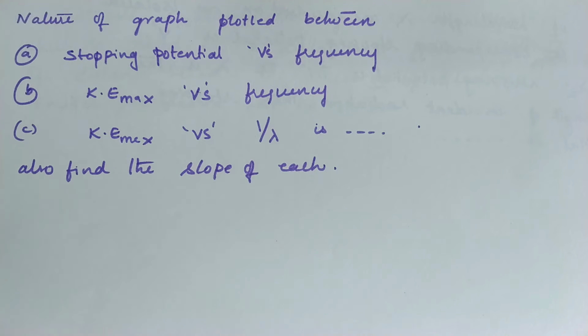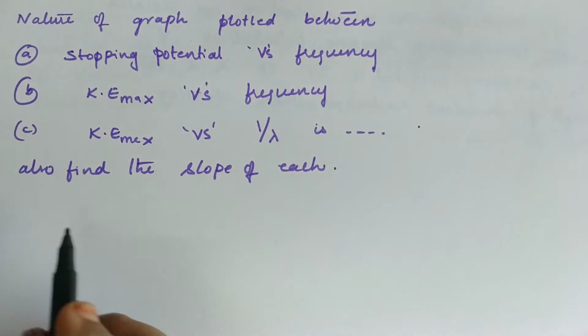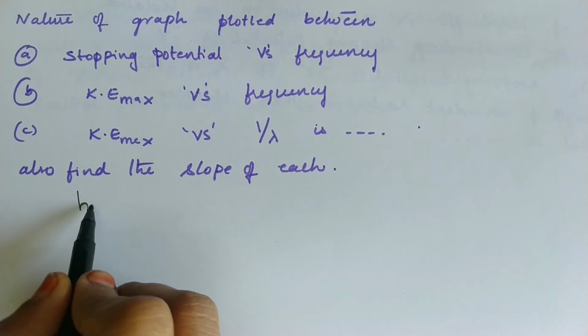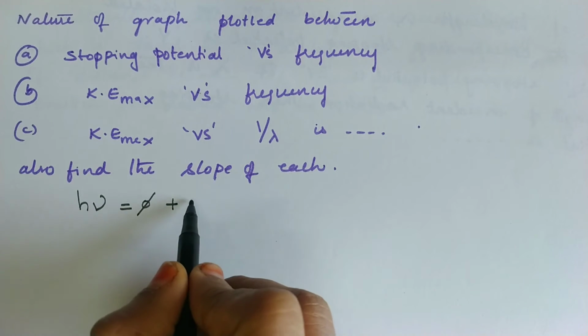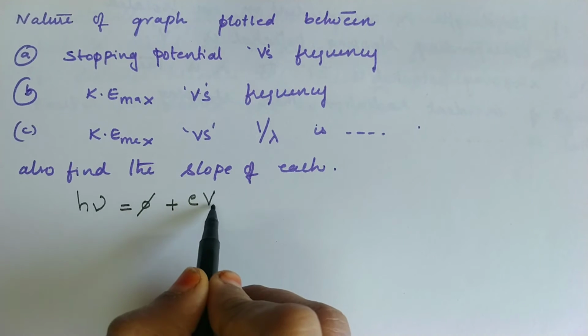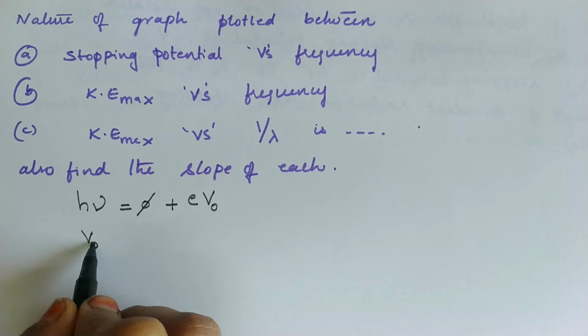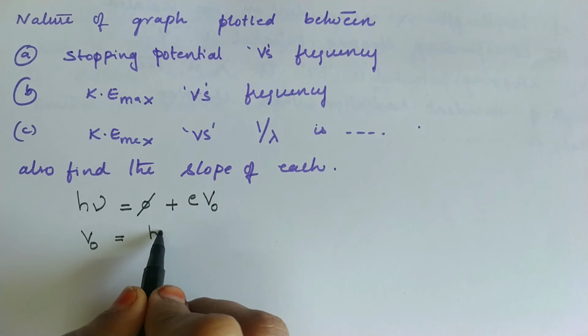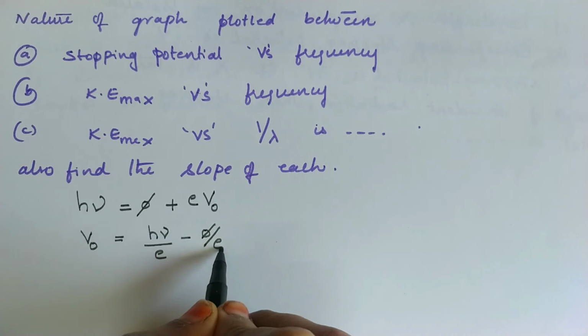Okay, so find the nature of graph plotted between stopping potential versus frequency. They are asking you three different graphs. Okay, first let us start with Einstein's photoelectric equation. h nu is equal to phi plus, in terms of stopping potential, I'll write it as e into V naught. See, from here write the equation in terms of V naught. V naught is h nu by e minus phi divided by e.